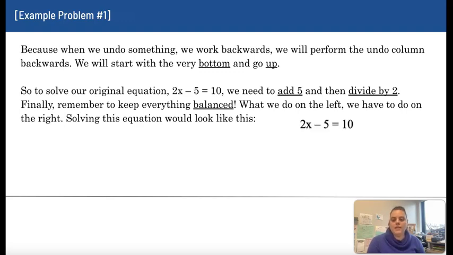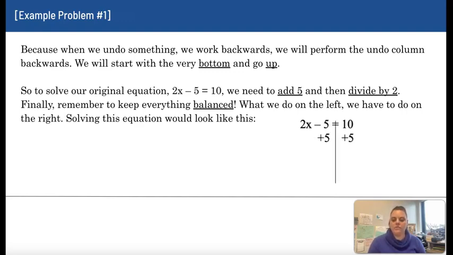We have 2x minus 5 equals 10. If you think about this from our mystery bags, you could think about it as 2 mystery bags and negative 5 coins is the same as 10 coins. Well, the first thing we're going to do is get rid of the coins so that we have all of the coins on one side. To get rid of the coins on the left, we need to add the 5 coins.